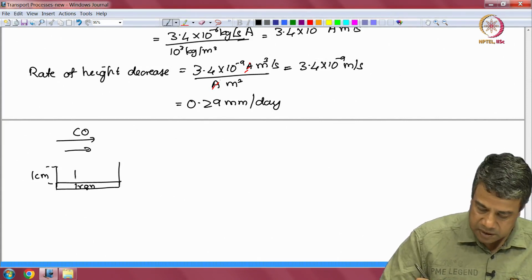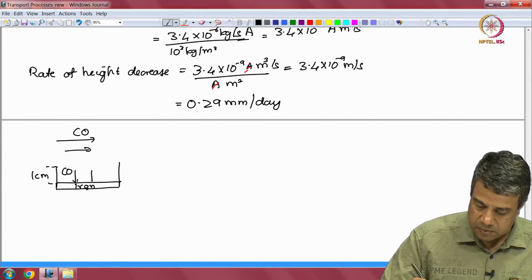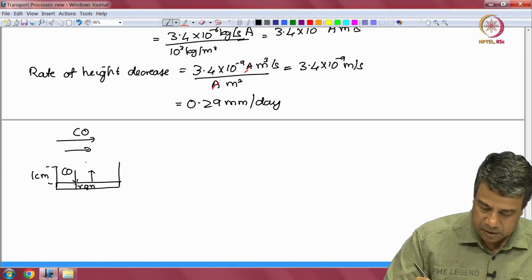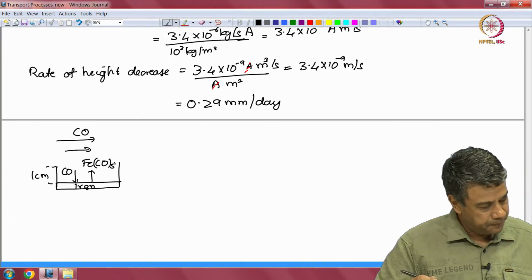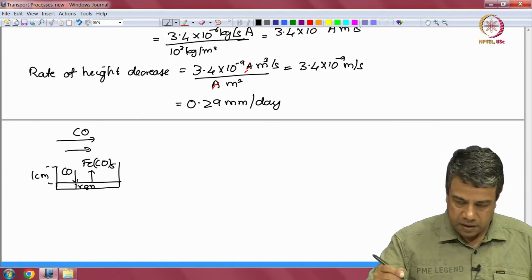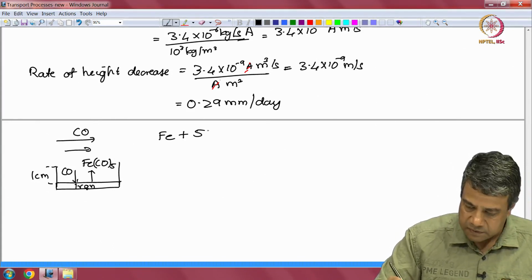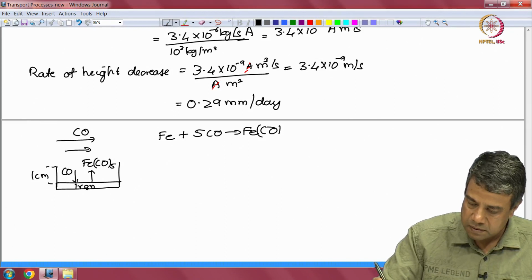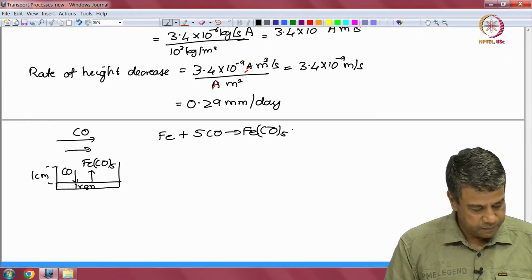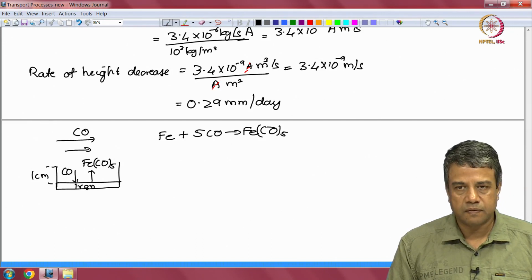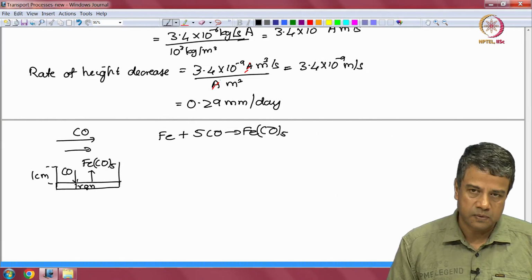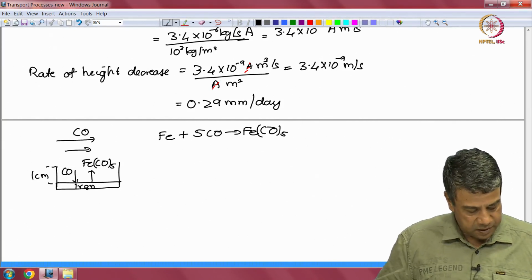Carbon monoxide reacts here and it produces iron pentacarbonyl, FeCO5, by the reaction Fe plus 5CO gives FeCO5. So, for every 5 molecules of CO that come downwards, 1 molecule of iron pentacarbonyl will go upwards into the gas phase.